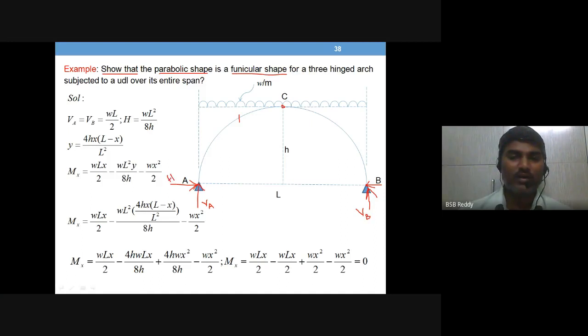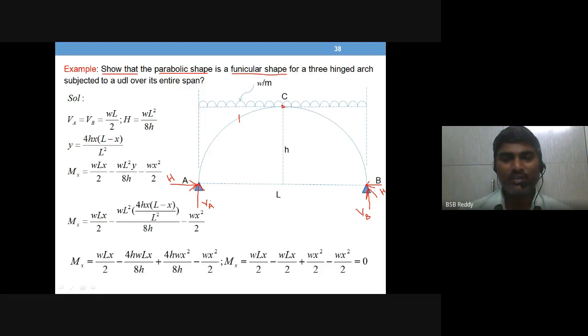Why am I calling this H? Because when you apply sigma Fx equals 0, HA is equal to HB is equal to H. This is already known to you. From symmetry, if you see the midpoint of the arch, location C, to the left of C and to the right of C, all the conditions are the same, so I call this symmetry.